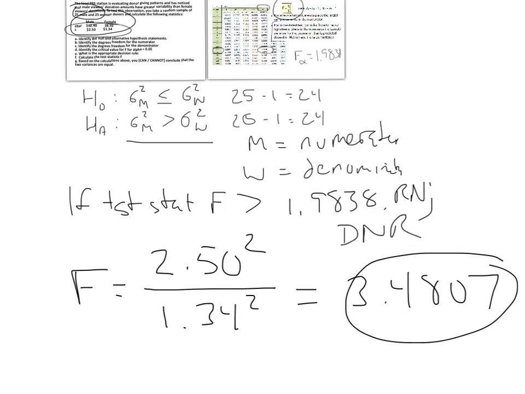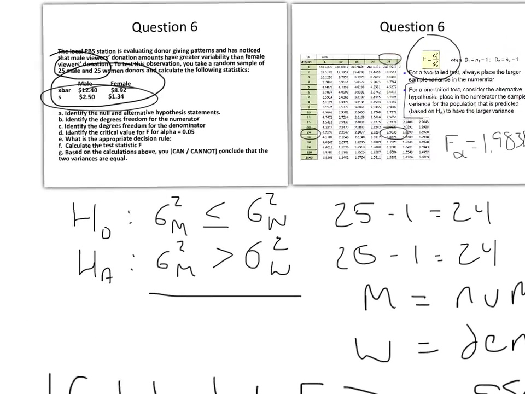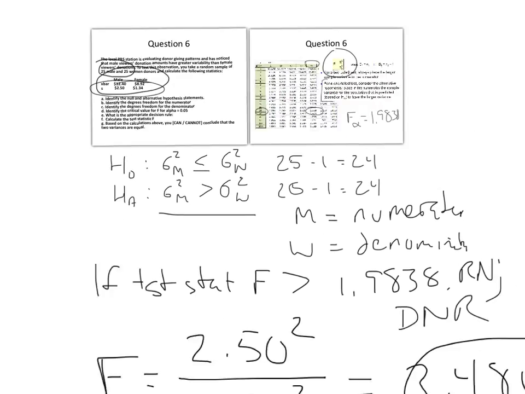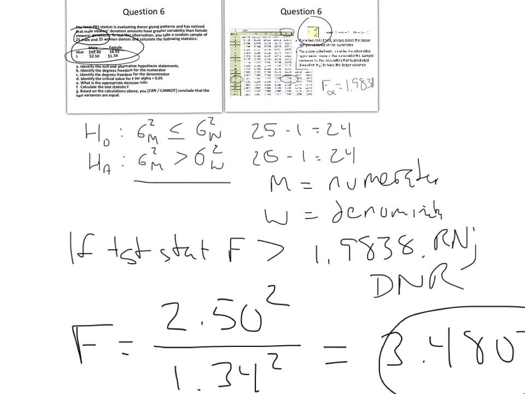Now, going back to our question, what else do they want to know? Based on our calculations, you can or cannot conclude that the two variances are equal. We would say, again, thinking back to our decision rule, if our test statistic F is greater than 1.9838, reject the null.